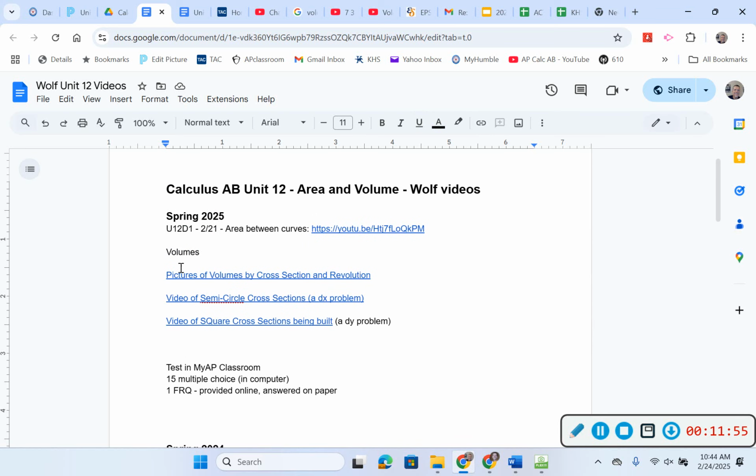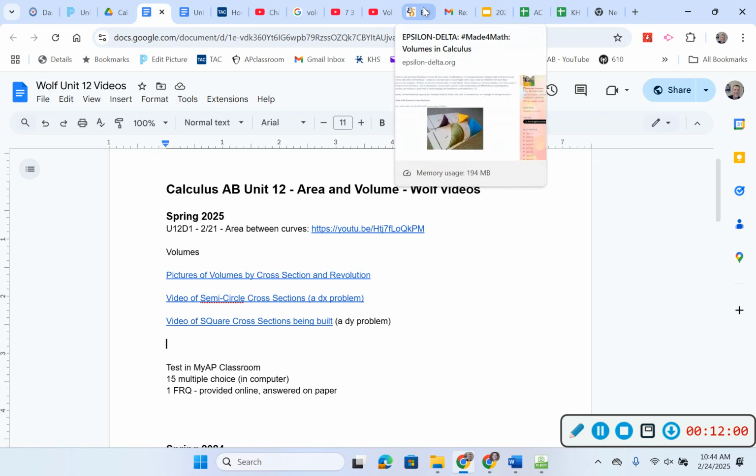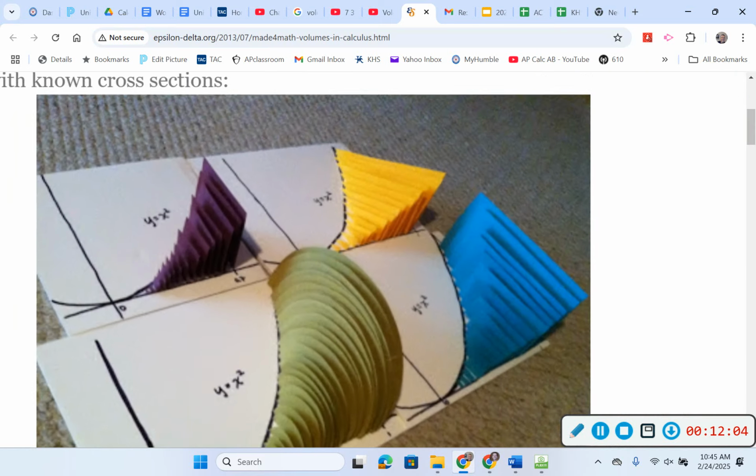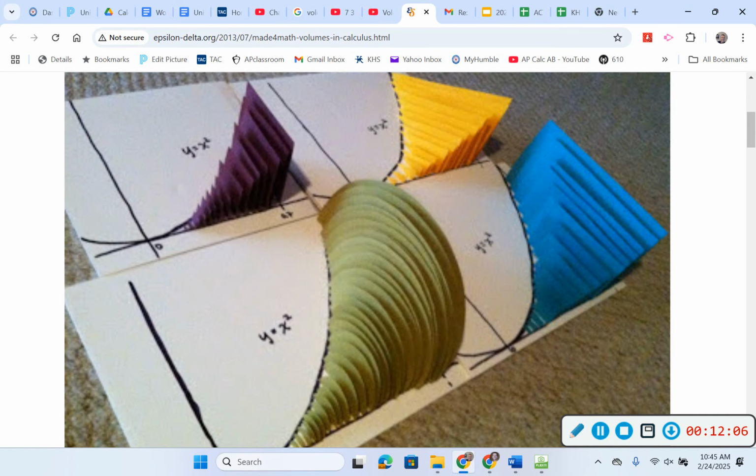I've also included some more stuff in there. So some pictures. This first one is pictures. I don't know if you can see that. That's y equals x squared as the base, so that base area is the area under a parabola. And then this person built 4 different models.